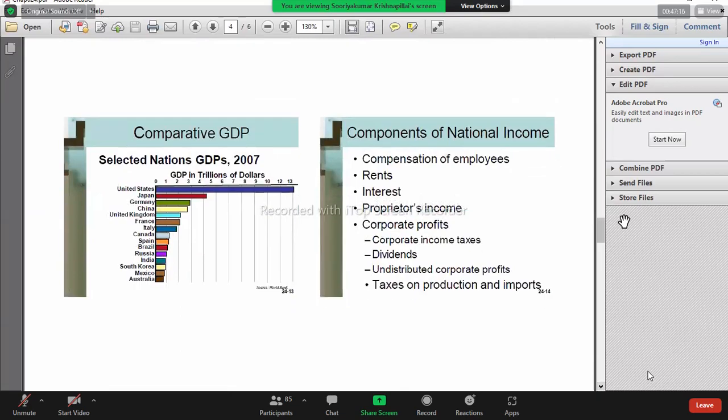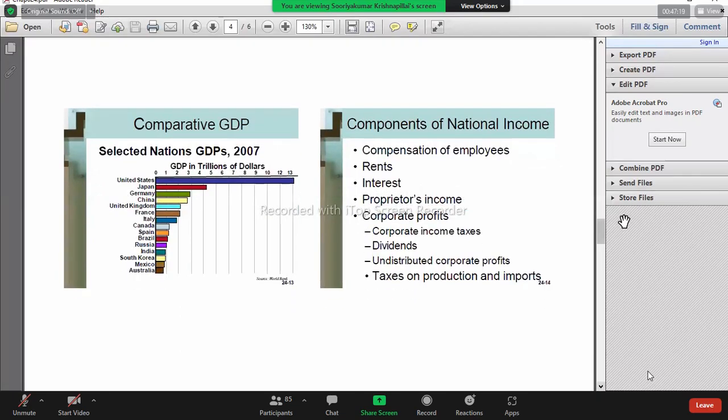If you see the 2007 GDP of different countries, the United States is 13 trillion dollars. Japan was second at that time, but now China is second. So earlier, in 2007, Japan was the second largest economy, and now China is.